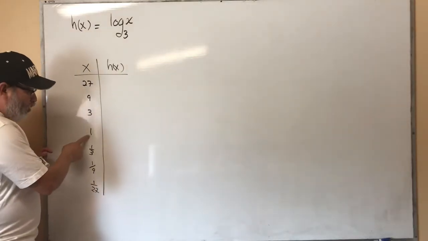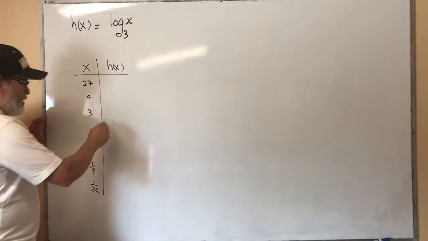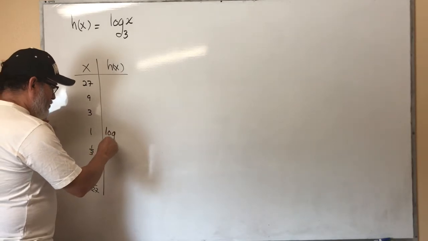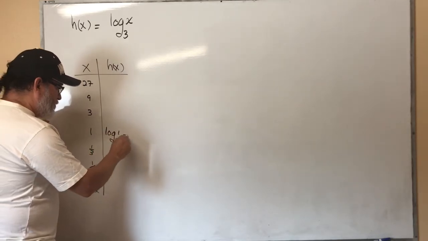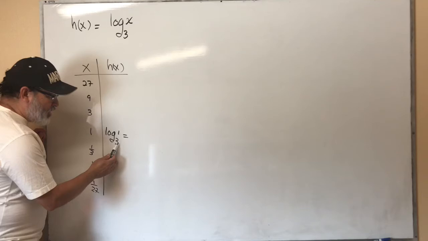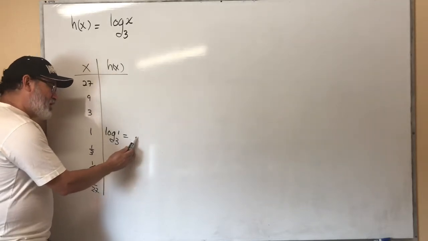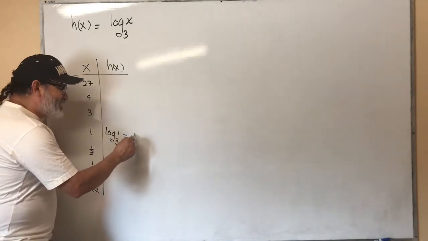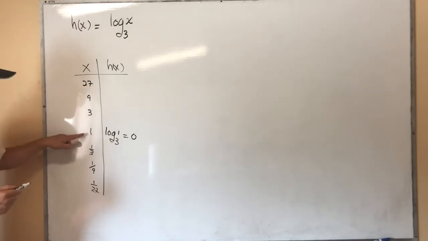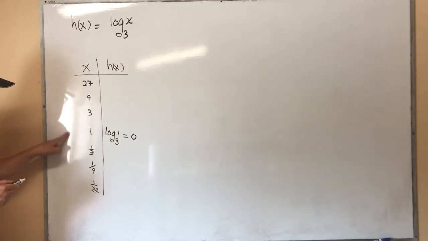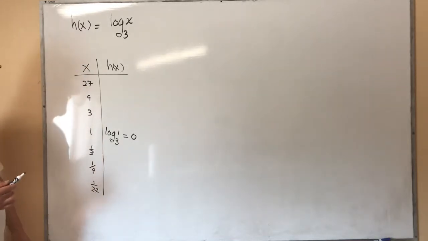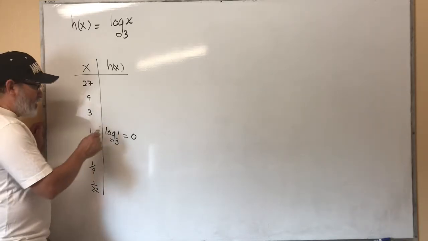When you plug in 1, this is log base 3 of 1. 3 to what power gives you 1? 0. Hey, that's what we got there. We got 3 to the 0 is 1. How about this one?